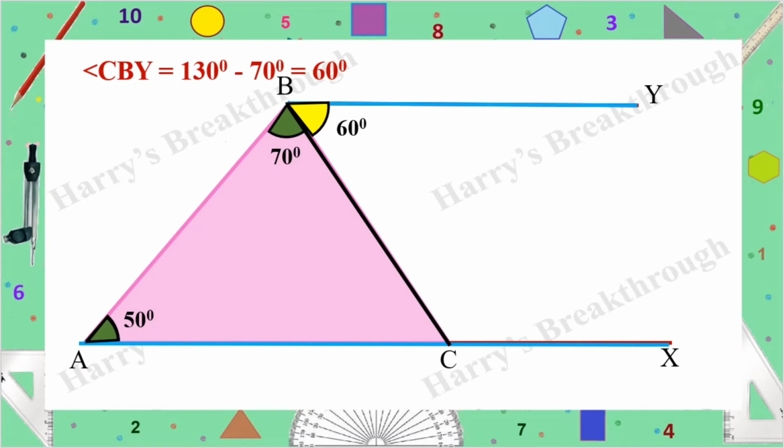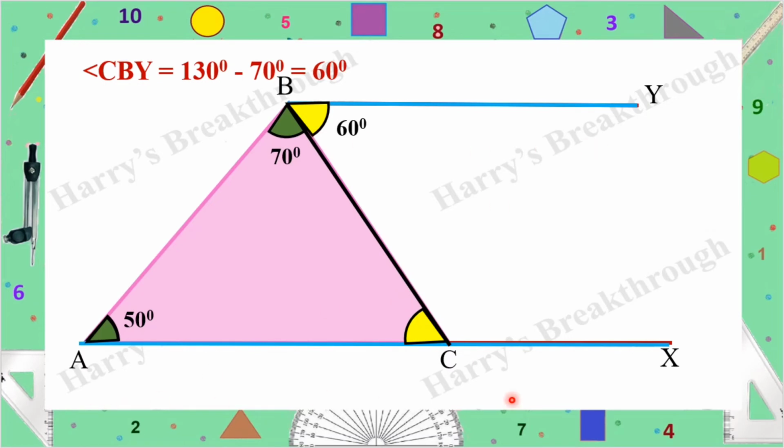And here we can see a line BC which is cutting these two parallel lines. So here we got angle CBY as 60 degrees. And if you look at this angle, which is the angle we have to find, angle C or angle ACB, what will be its measure? Here, if we look at these two yellow angles, we can see that they are at opposite positions.